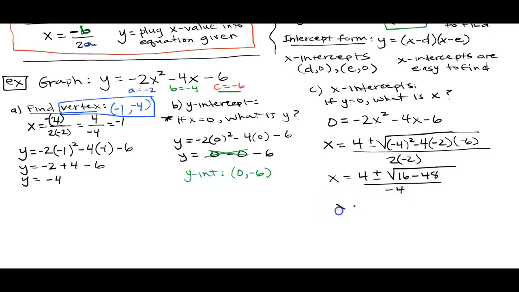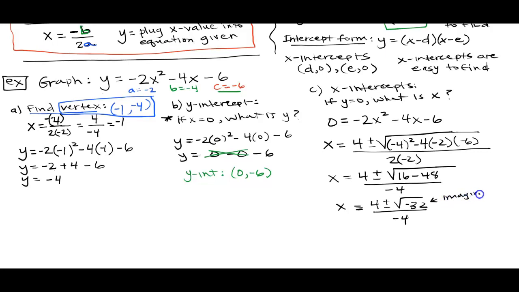But then do you see here, I've got 4 plus or minus the square root of what? What's 16 minus 48? It's minus 32. And can I take the square root of that? In that case, it's an imaginary number.